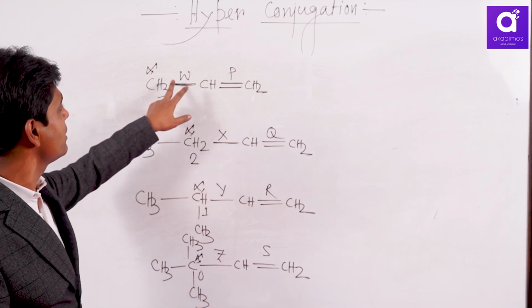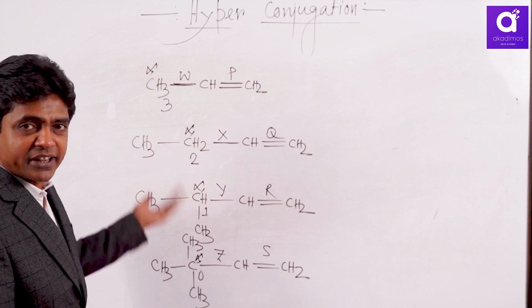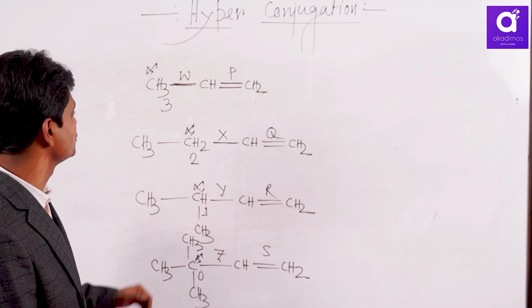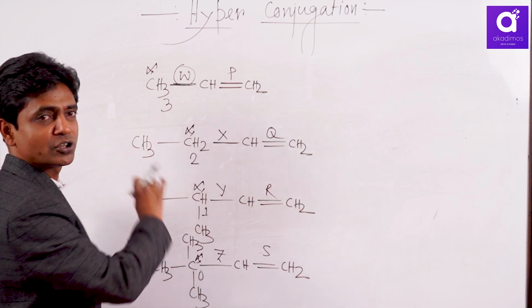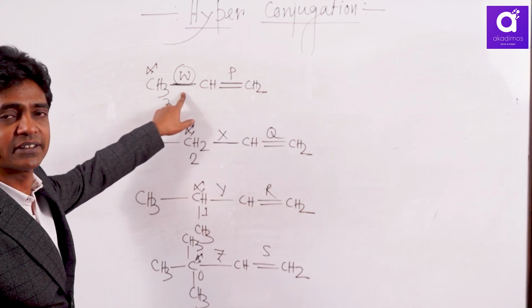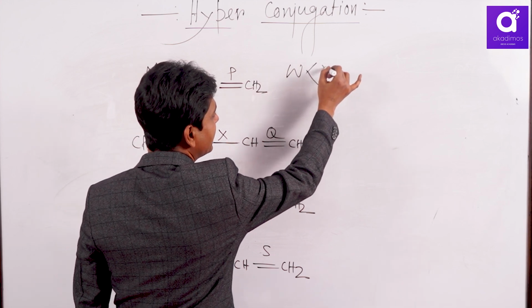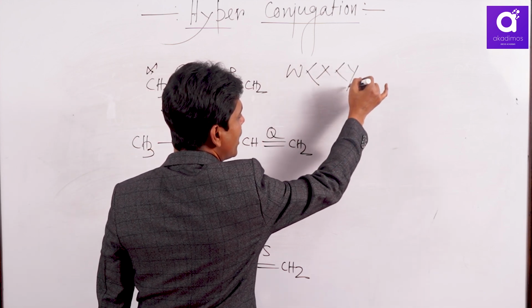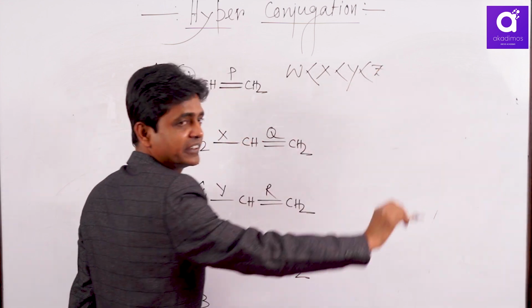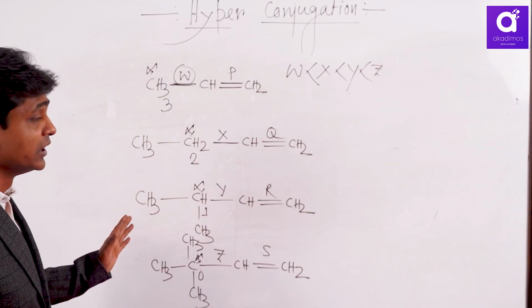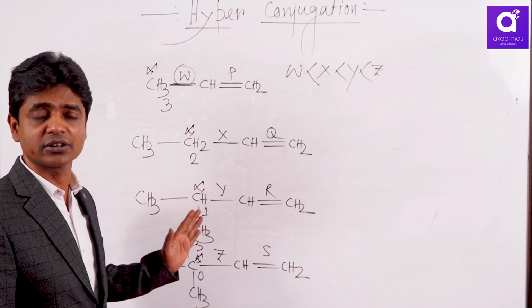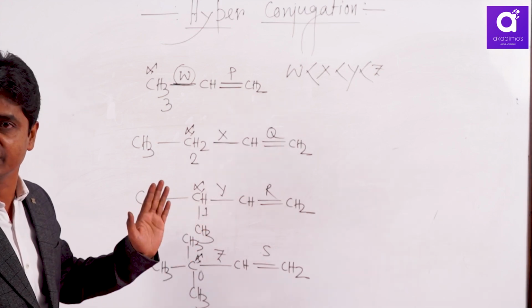That means the maximum reduction of length, by gaining double bond character through hyperconjugation, is in W. That means the order of length is W less than X less than Y less than Z. Hyperconjugation will help you get the correct order of bond length.